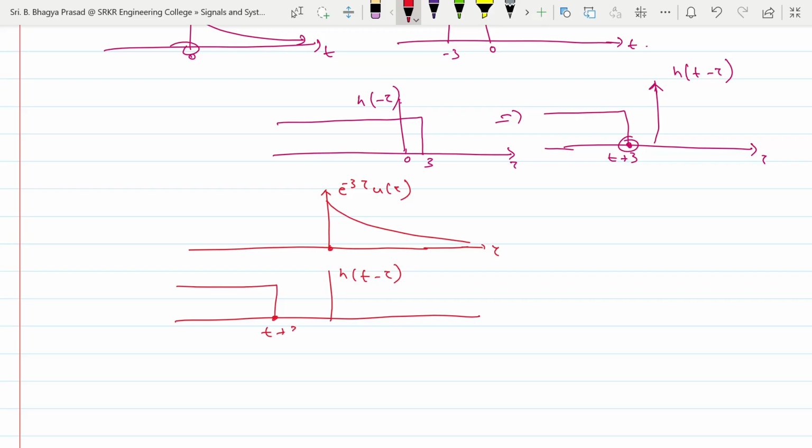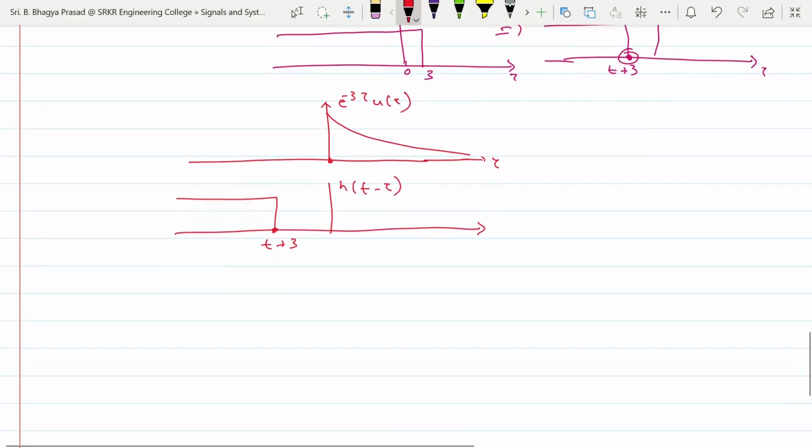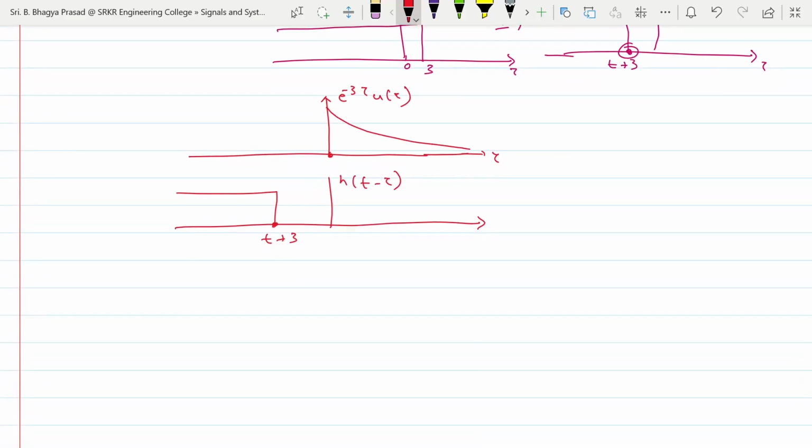So t plus 3. At this position there is no overlap. Now I will slide the signal towards the right side, moving towards 0. So till t plus 3 touches 0, the overlap is 0.